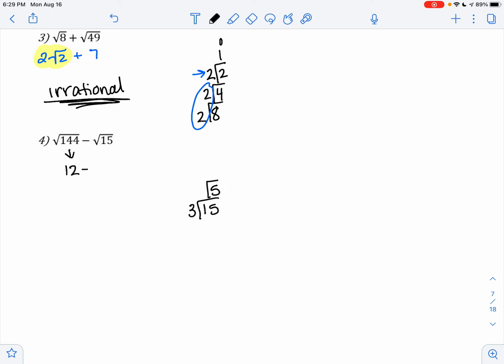The smallest prime number that goes into 5 is 5. 5 goes into itself 1 time. When you get to 1, you're done. That's the candle to your cake. I don't have any pairs here. So that means that the square root of 15 is as simplified as it's going to get. Because my answer still includes a radical that cannot be simplified, that means that this would be irrational.